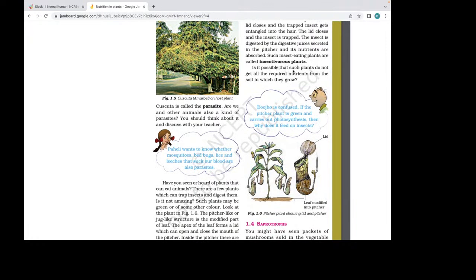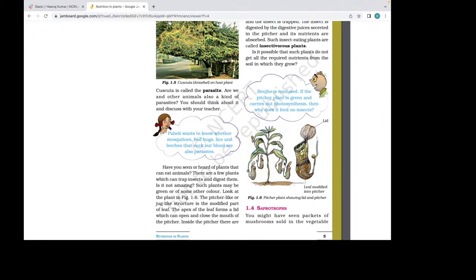Is it possible that such plants do not get all the required nutrients from the soil in which they grow? That is why they need to eat the insects. Bujo is confused. If the pitcher plant is green and carries out photosynthesis, then why does it feed on the insects?